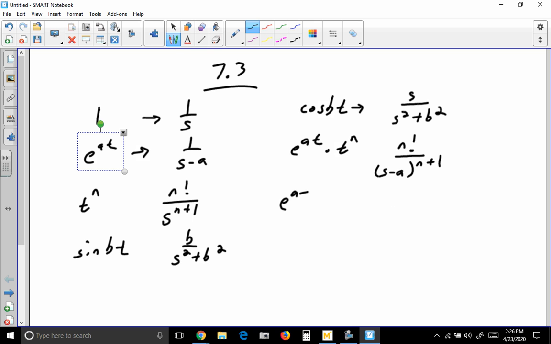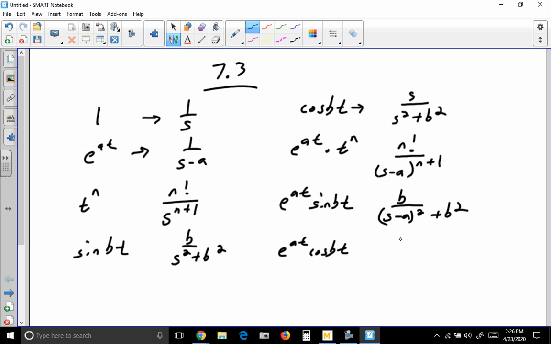E to the at sine bt goes to b over s minus a squared plus b squared. And e to the at cosine goes into s minus a over s minus a squared plus b squared.